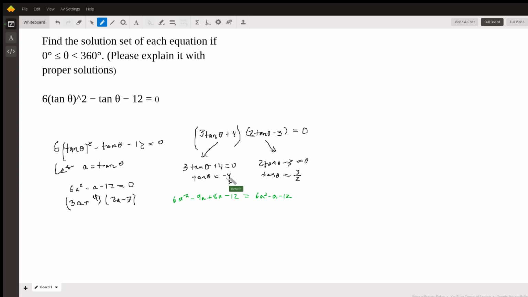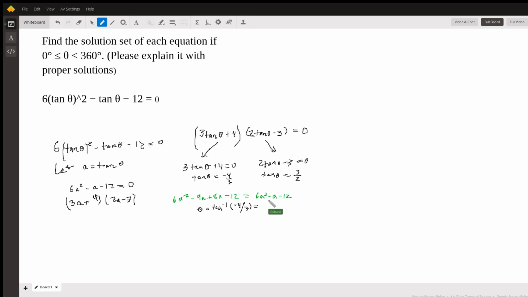So I'm going to solve with my calculator. Theta from the first equation is going to be the inverse tangent of -4/3, and put that on your calculator.